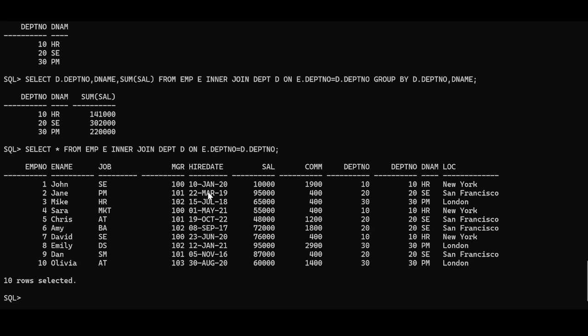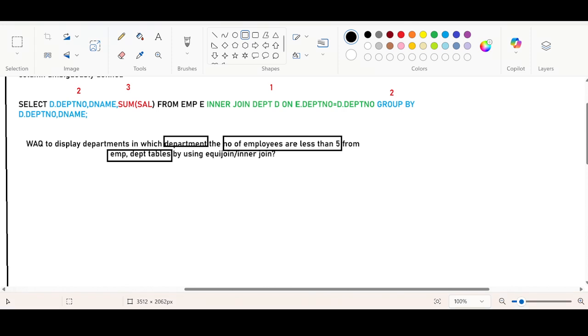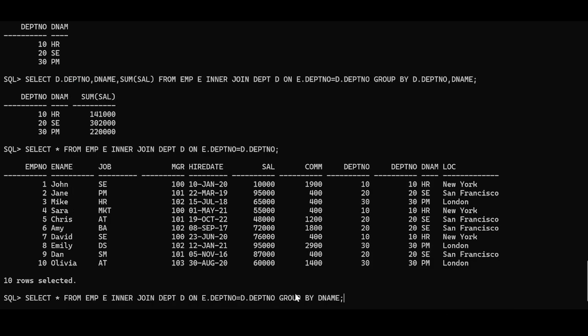After joining, at the last you will add a group by expression. You will segregate by the department name, since we need to display departments.